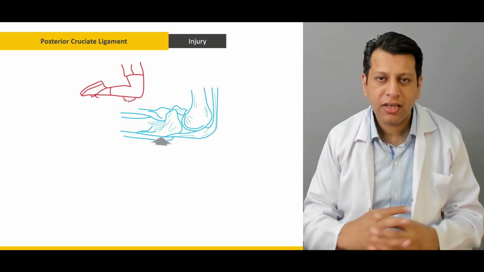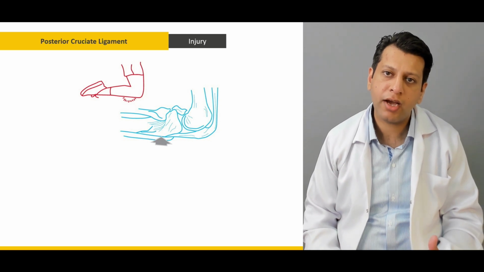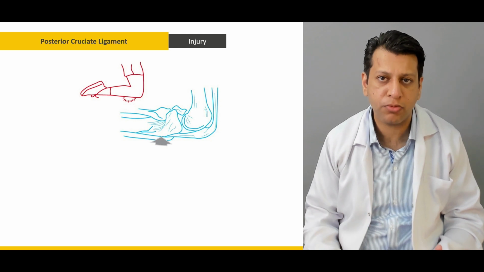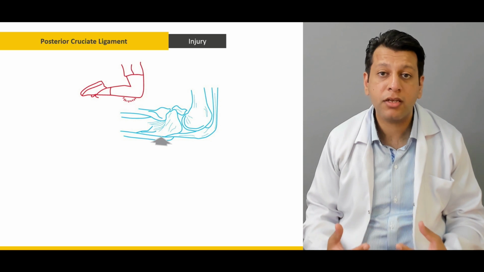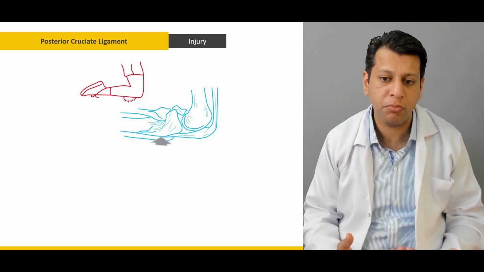The mechanism of injury is such that, as compared to ACL, where the knee was either hyperextended or in extended position, in PCL the function is to prevent posterior translation of the tibia over the femur.